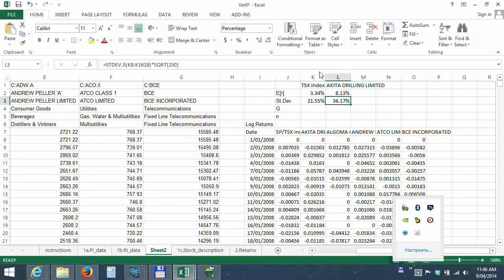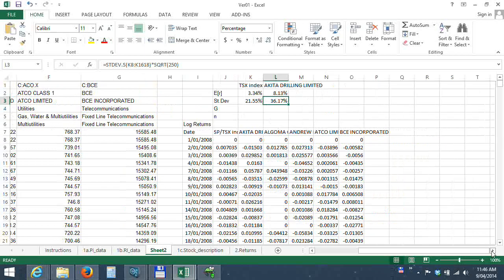So the risk for Akita Drilling was higher than that of the market, but I did receive a higher return on that particular security. You can check for other companies if you wish, and actually you will check it for all companies in your portfolio reports.